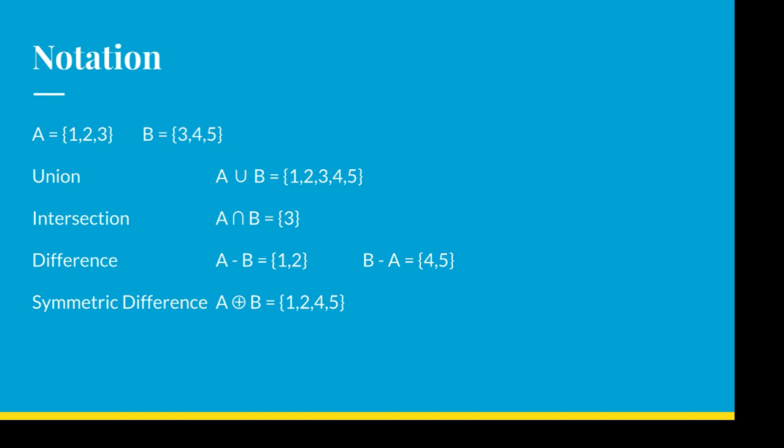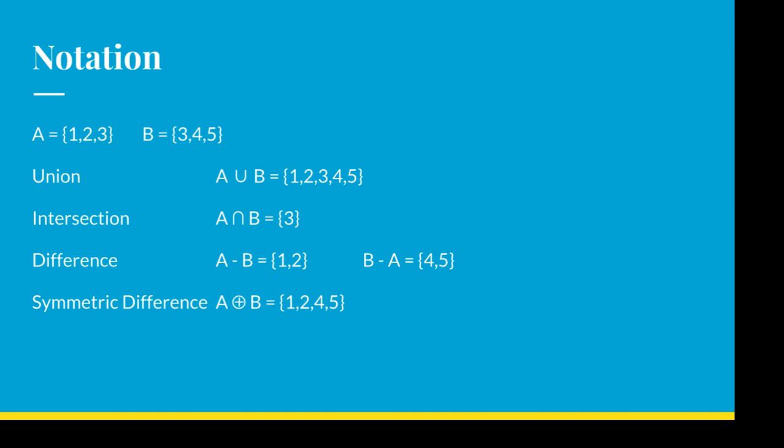So there are no duplicates. Okay? So the set formed by the union of the sets A and B would contain 1, 2, 3, 4, 5. Not 1, 2, 3, 3, 4, 5. The intersection of A and B are any elements that are in both. And in this case, the only element in both is 3. Right? So the intersection of A and B, that set would just be 3.